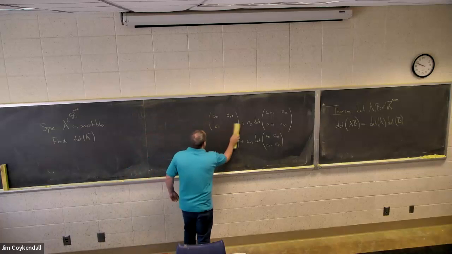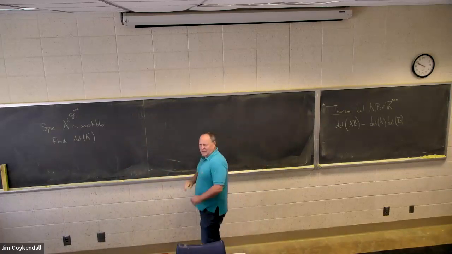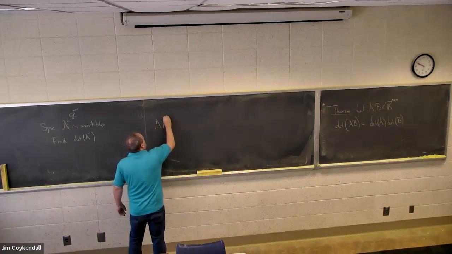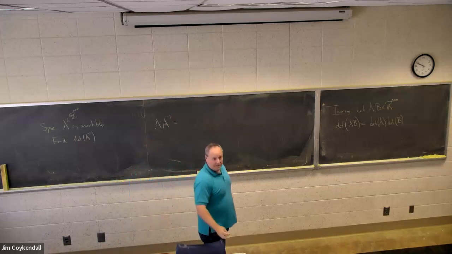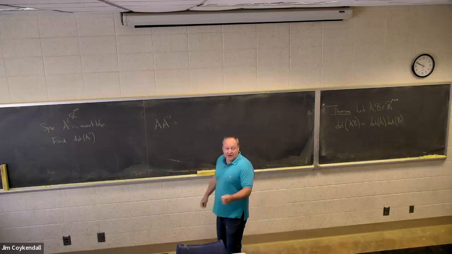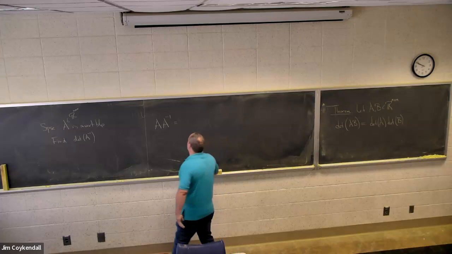Well, what does it mean for a matrix to be invertible? It means that when I take A and I multiply it by A inverse, what do I get? You get the identity matrix, and I'm digging on the identity matrix because it's upper triangular. In fact, it's diagonal.